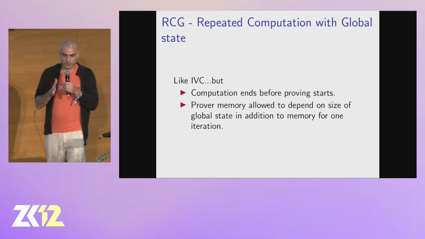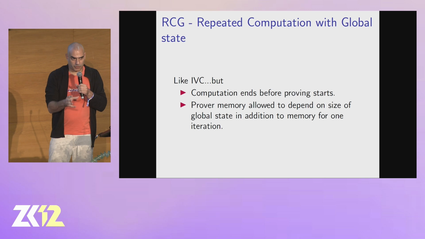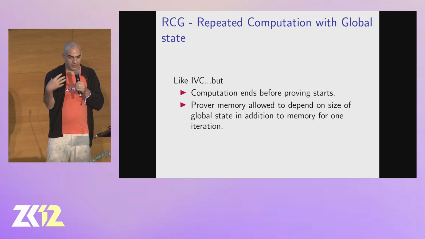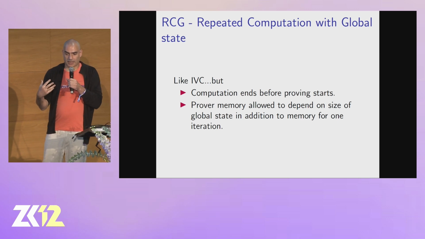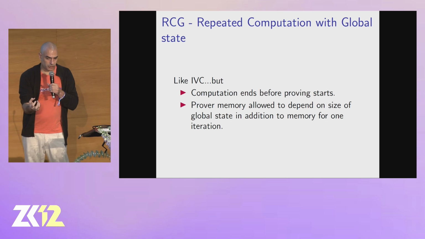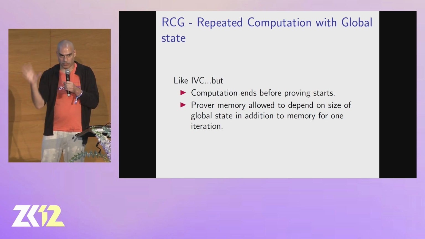In RCG, we still want to have that property, but we relax it. So we say the prover memory should mainly depend on the memory for one iteration, but it's also allowed to depend on the size of the global state.